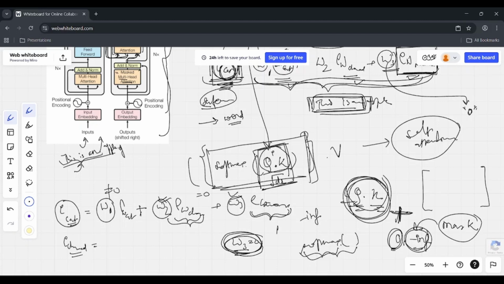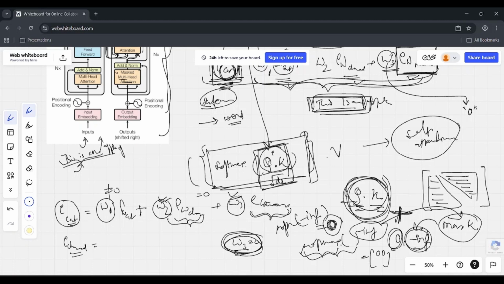And the softmax of minus infinity is actually 0. So the final weight matrix that you will get will have zeros wherever you have minus infinity in the mask matrix. Generally, it's like the diagonal part: you will have minus infinities at one place and zeros at the other.